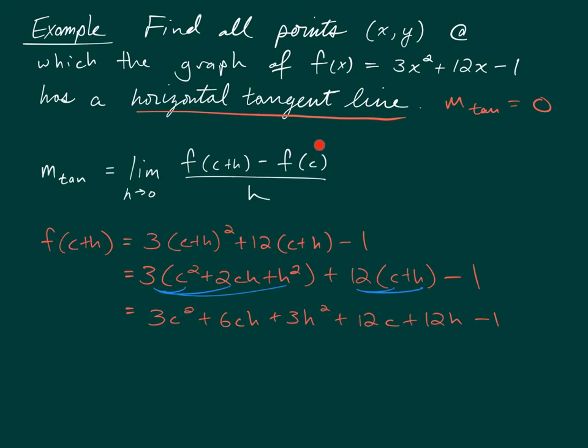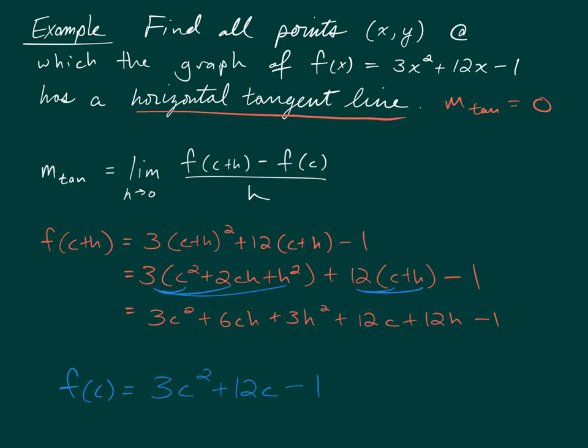Now the second expression is a little easier. Since we are subtracting f of c, all that needs to be done is to substitute c in for x in all of these places. That looks like this. You get f of c equals 3c squared plus 12c minus 1.